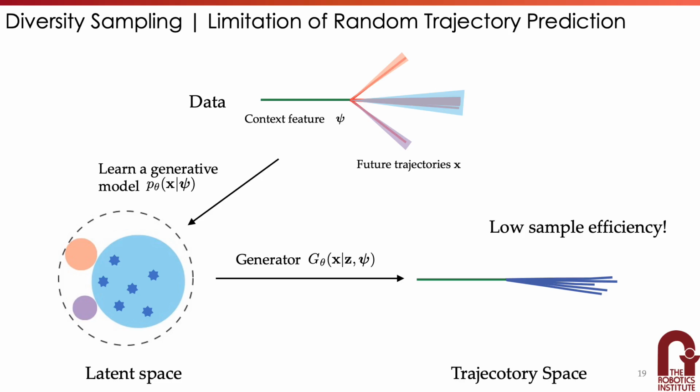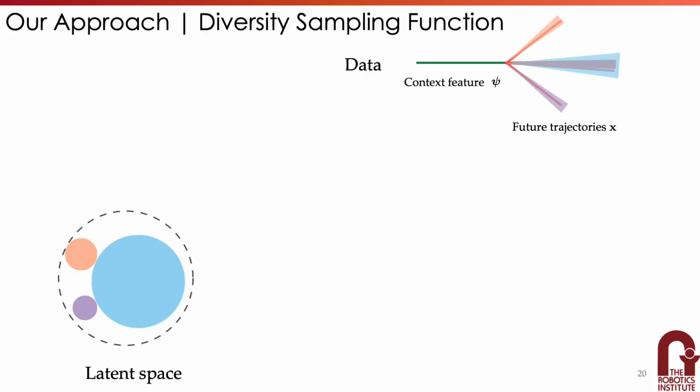In order to cover all the modes, one would need a very large number of samples, leading to poor sample efficiency. To address this sample efficiency issue, we use a novel approach that can produce diverse samples from a pre-trained generative model.